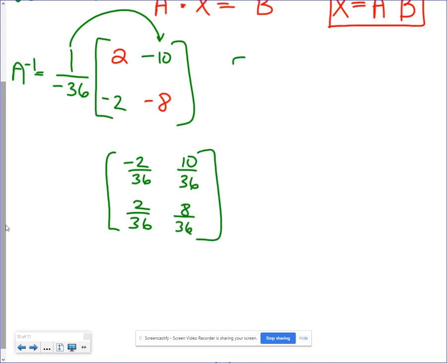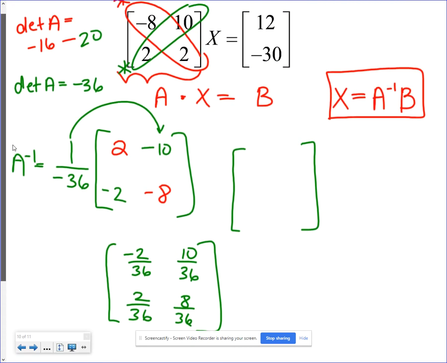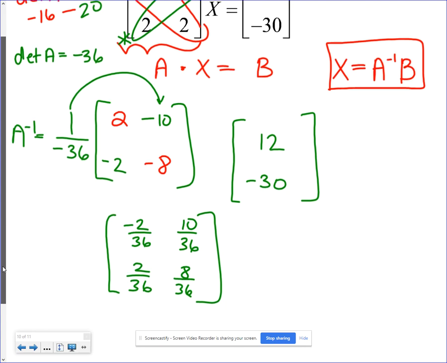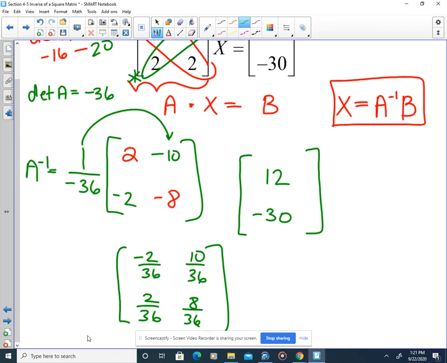And then remember, we'll multiply that by b. And b was 12 and negative 30. So if we draw dividing lines in here, we draw dividing lines there, but there's no dividing lines on the other one.